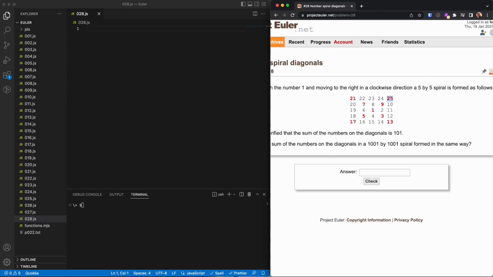If we check carefully, we can see that going from 25 to 21, we always subtract 4. Here we subtract 2, and here we do nothing. So if I am here, I would subtract 2, which is subtracting 3 and adding 1. So in the 3 by 3 we have 3 squared, then 3 squared minus 3 plus 1.